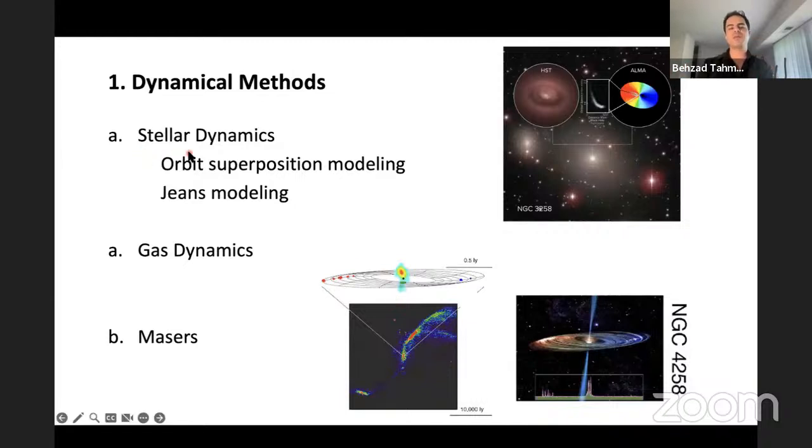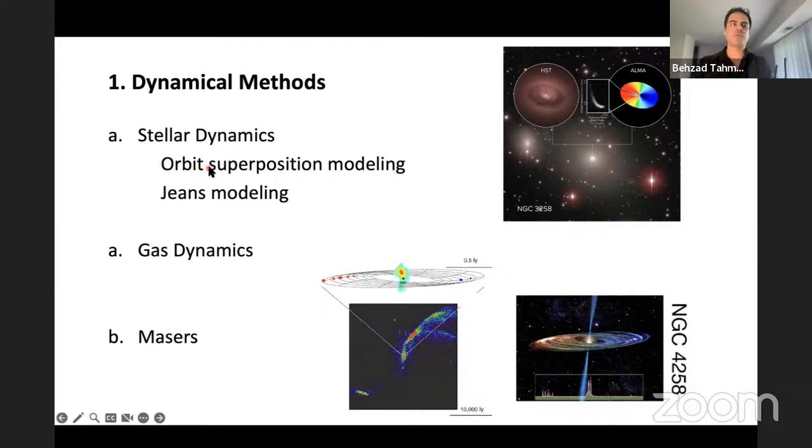What we use for black hole measurement is stellar dynamics. For stellar dynamics, we mainly get the kinematics of stars that are orbiting around the black hole and try to model the gravitational potential, extract the orbital library, and constrain the black hole mass. There are two different methodologies for stellar dynamical modeling.